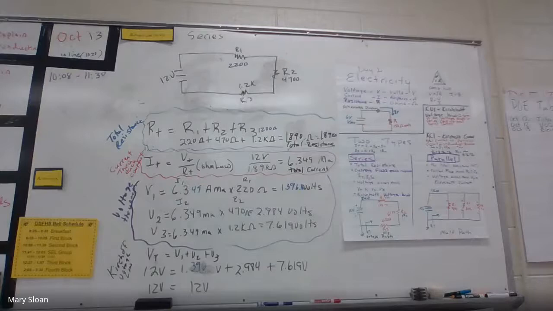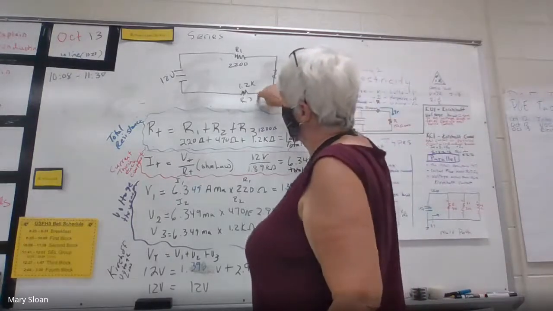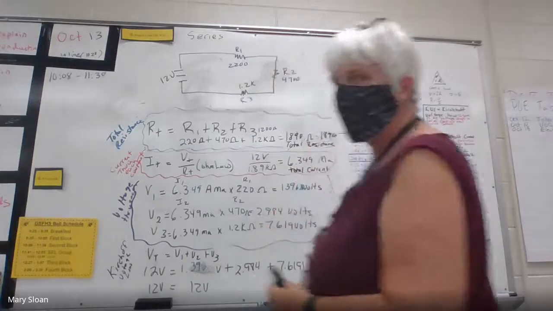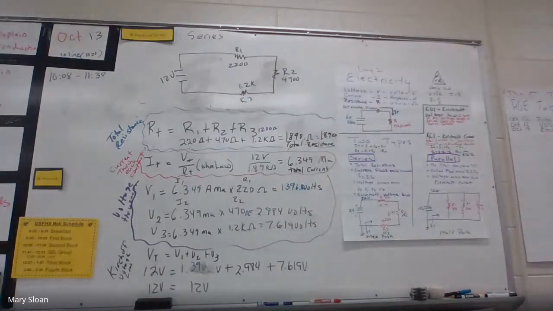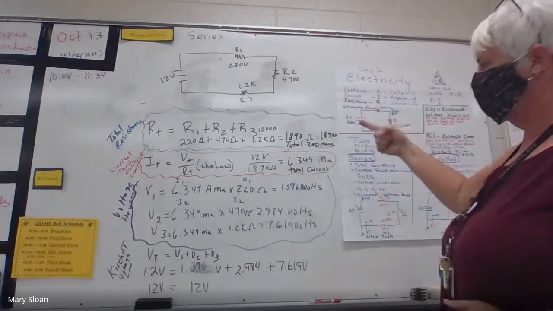So Hunter, what am I going to do with the third voltage? I'm trying to find how much voltage is going through this resistor. What would I do for that, sir? Total current times R3. Yep.